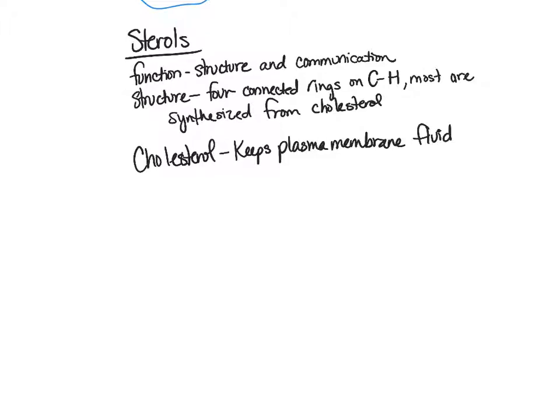The plasma membrane is constantly moving around, and so all of these phospholipids are moving around, and the cholesterol helps to keep them fluid because it makes big spaces, so they're not packed in as close to each other, kind of like we mentioned with saturated fats, where if we take saturated fatty acids and put them all next to each other, there's not a lot of movement. But if we took a big chunk of cholesterol and stuck it in there, then there would be more movement because there would be more space. So the cholesterol does that for the plasma membrane.